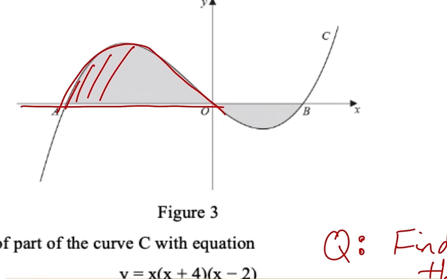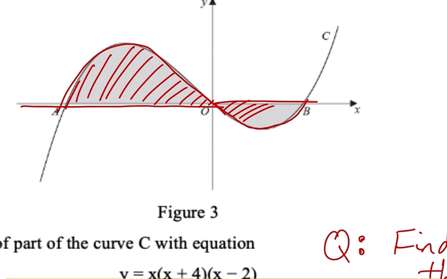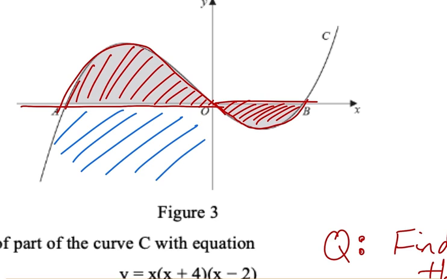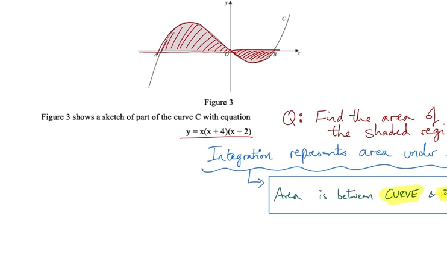So it's going to be all of this bit here, and in the second part of the graph, it's going to be similarly all of this bit here, the area that's trapped between the curve and the x-axis. It's not going to be this stuff because this stuff here is not trapped by the x-axis. Okay, so how are we going to find the area? Well, we're going to do this in 2 bits. Firstly, we're going to find area number 1, which I've labelled there, and secondly, we're going to find area number 2, which I've labelled here.